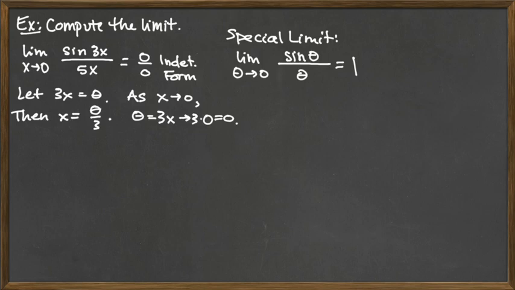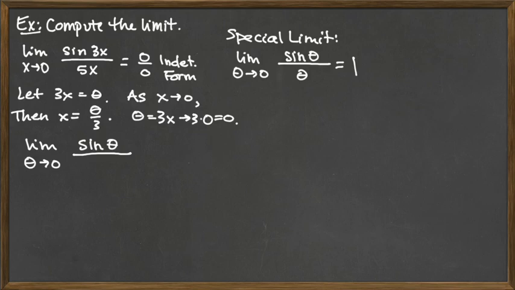Okay, so what we really can do here is make a complete change of variables. Rather than looking at it as x goes to 0, we look at theta going to 0, because theta and x are just a constant multiple of each other. So we're looking at the limit as theta goes to 0. We decided that 3x was just going to be our theta, so we have sine of theta there.